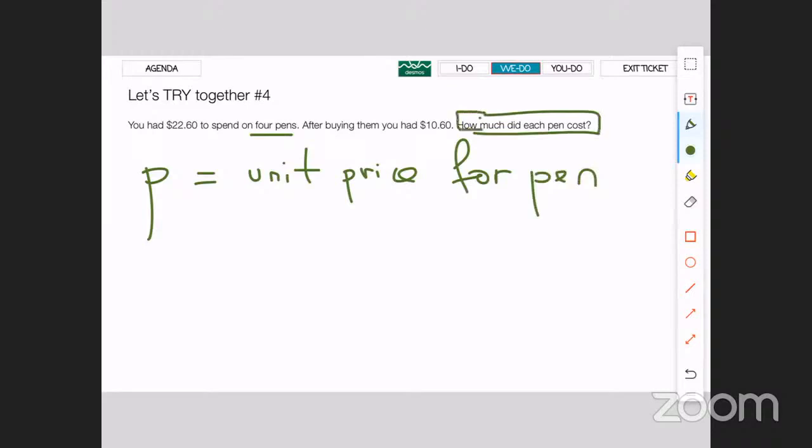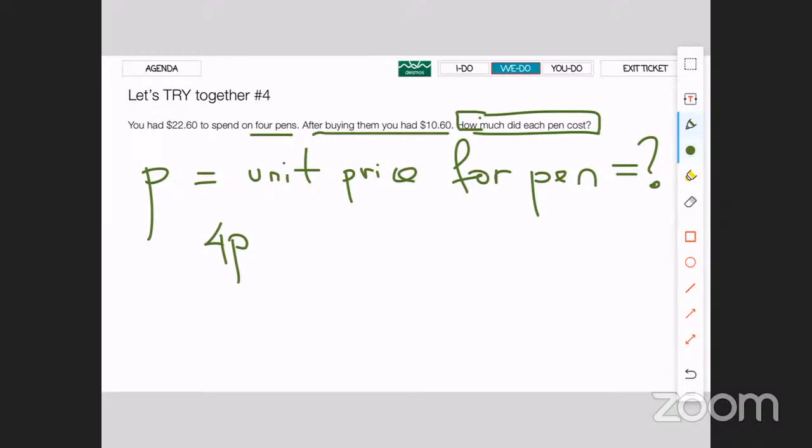So that's why we need to figure out what P is equal to, the unit price for each pen. So you're buying 4 pens, that means you're buying 4P. And in total, oh, hold on. It says after buying them, you had $10.60.